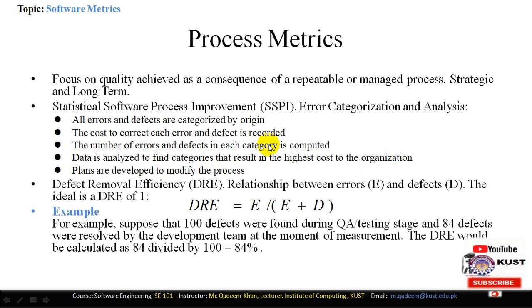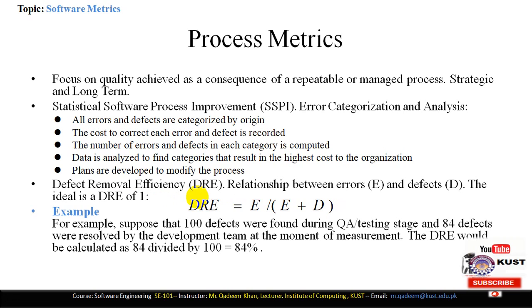So all the data of the metrics should be analyzed to find out whether the result is in favor of the organization or against it. Plans are developed to modify the process, and then we make different plans for modification of the current process. Now defect removal efficiency is a very important metric.